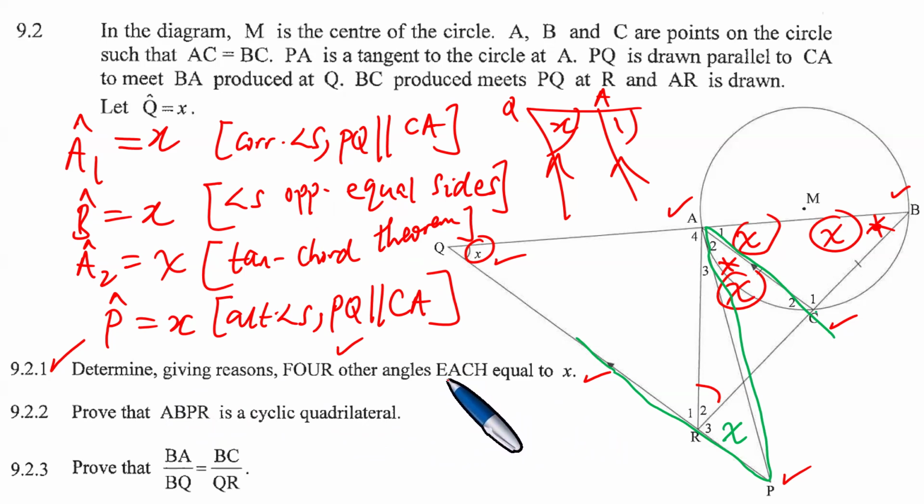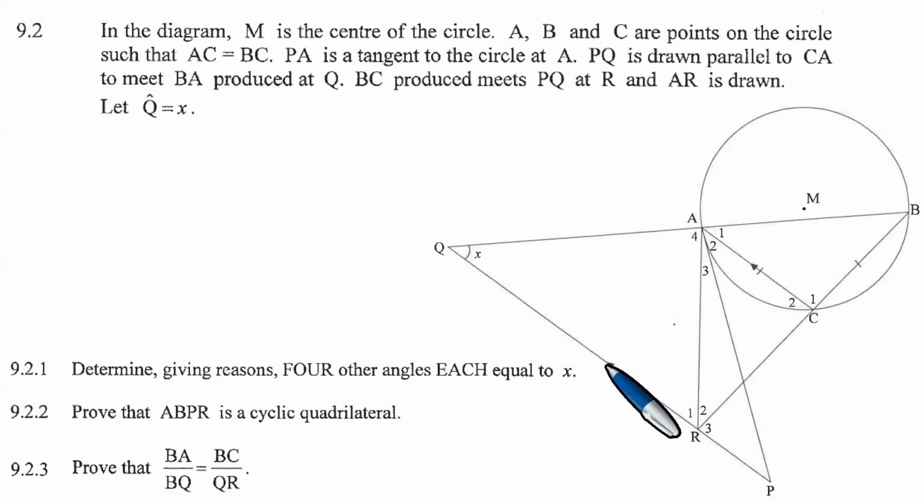Next point. Prove that ABPR is a cyclic quadrilateral. Let's look at this one. Okay, looking at ABPR. ABPR is a cyclic quadrilateral.